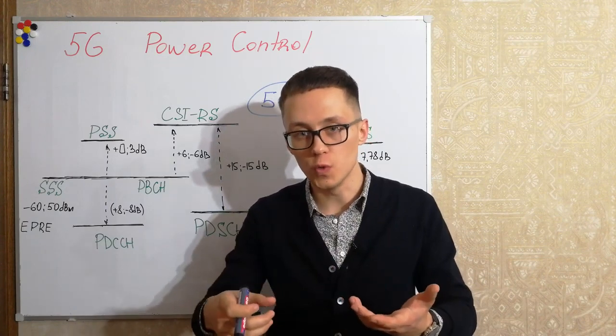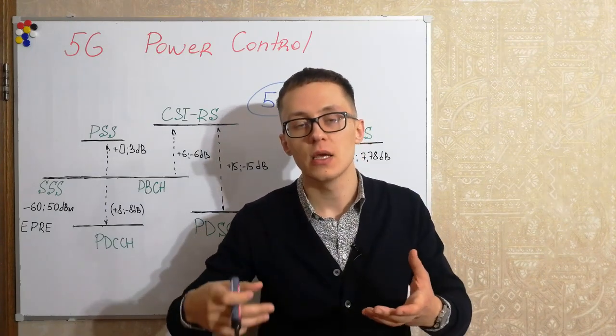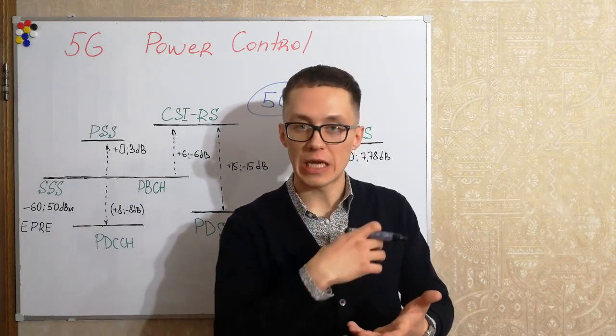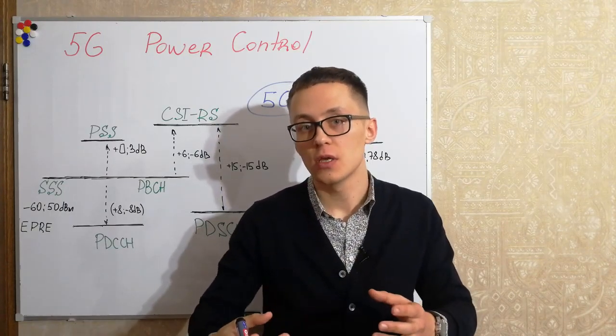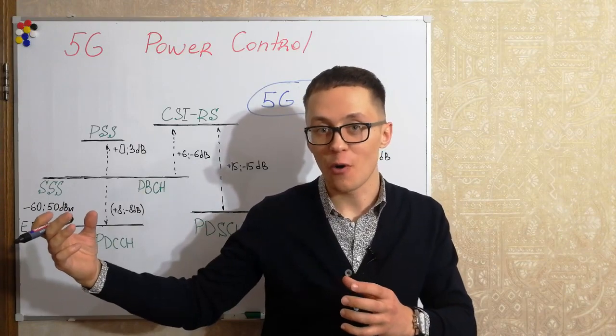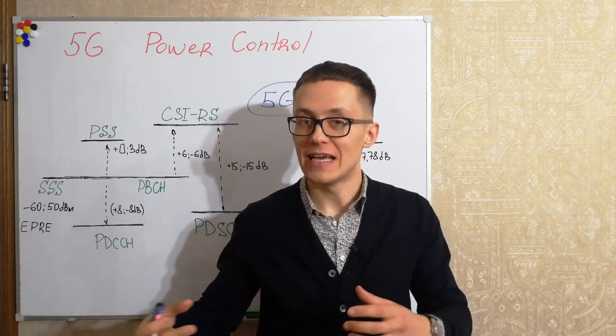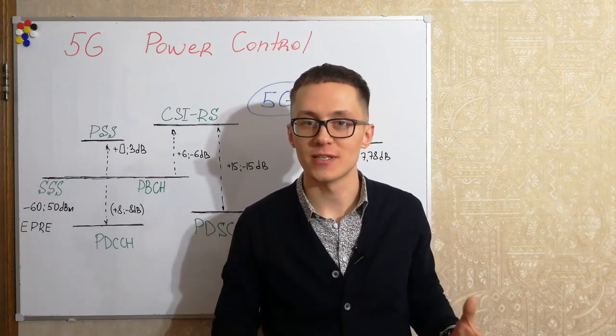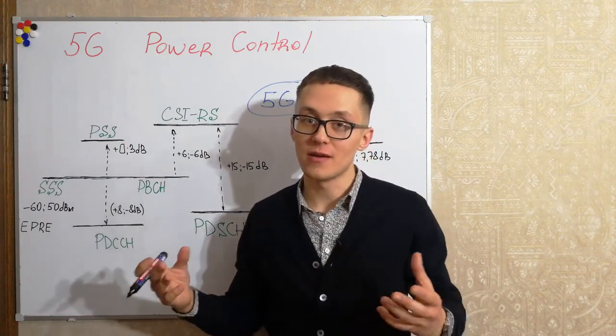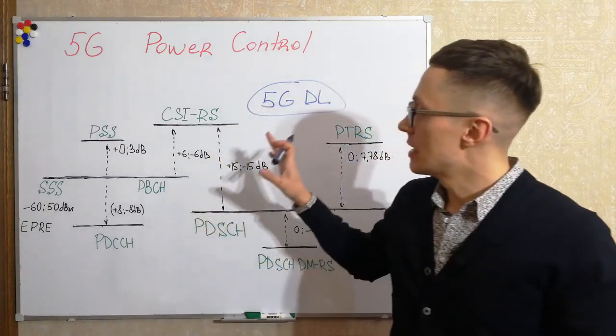So it is possible to manage power with feedback from user equipments, but user equipment cannot manage the power of the base station, and at least I'm not aware of such technologies. I'm not sure that it is possible.